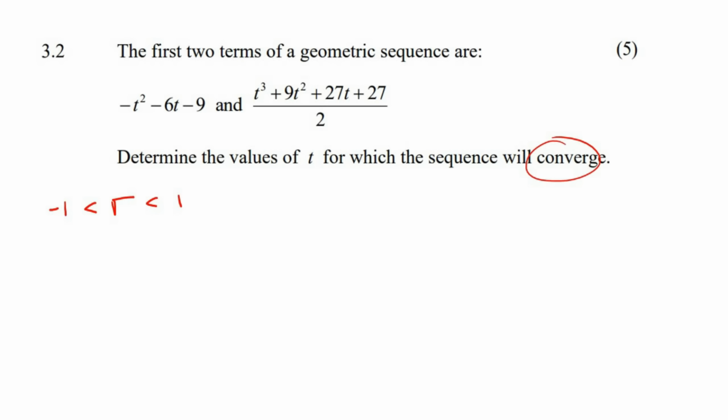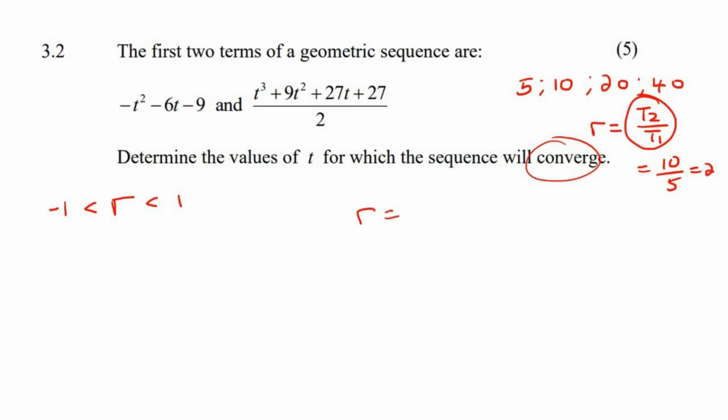Now, if I gave you a sequence like 5, 10, 20, 40, and you had to work out the value of r, you could say term 2 divided by term 1, which would be 10 divided by 5, which is 2. So to work out the ratio, you just say term 2 divided by term 1.